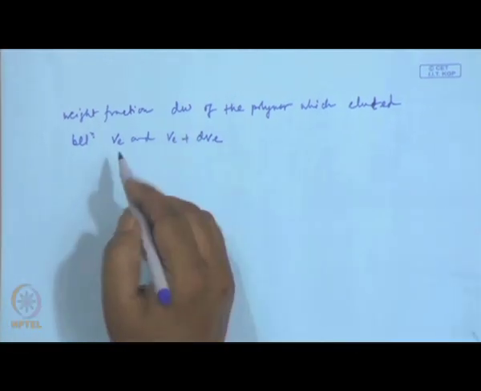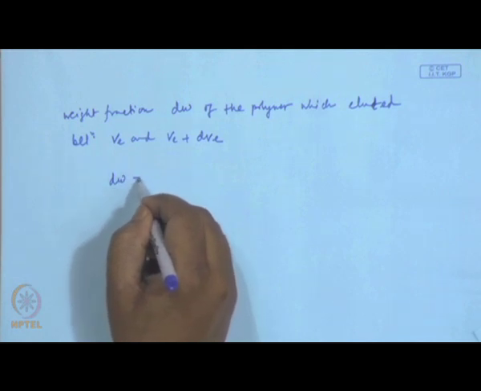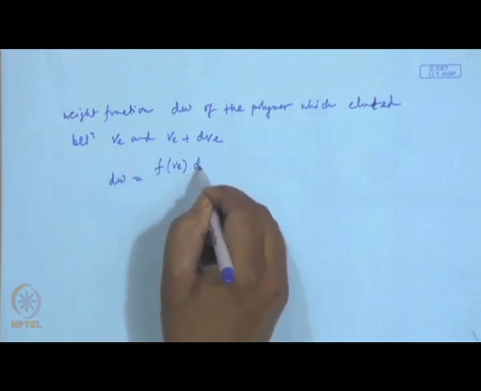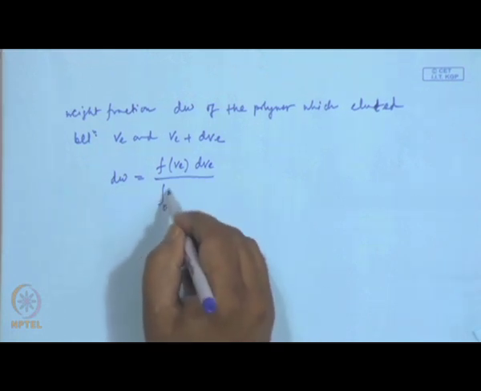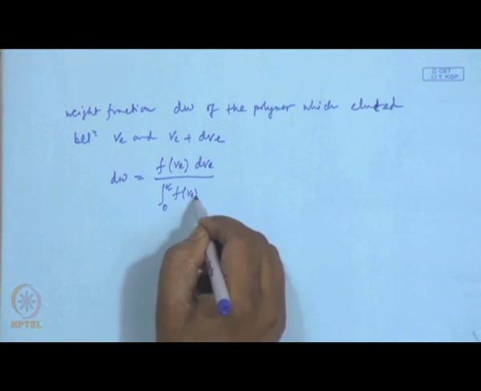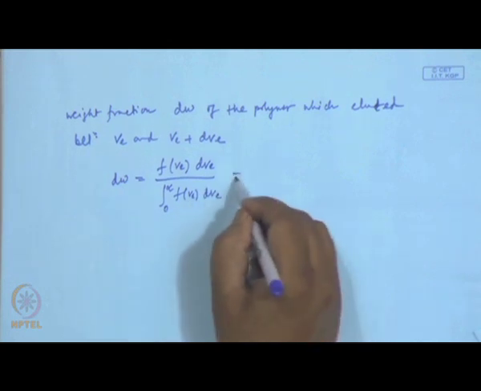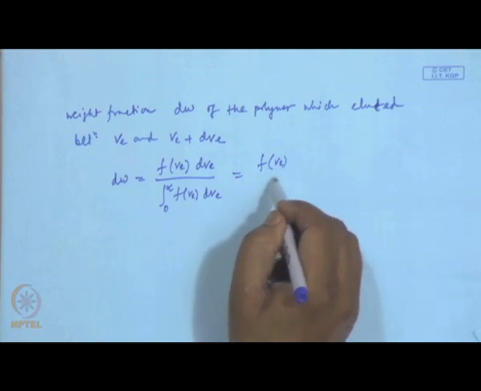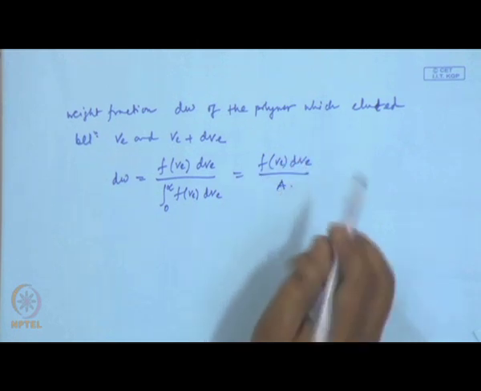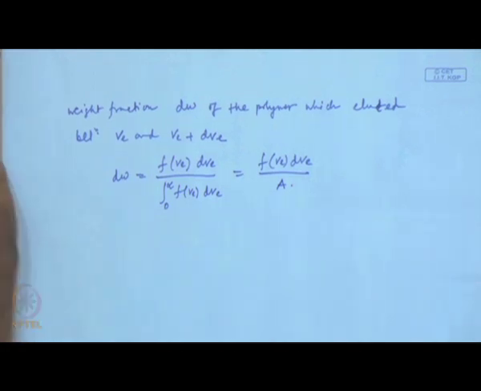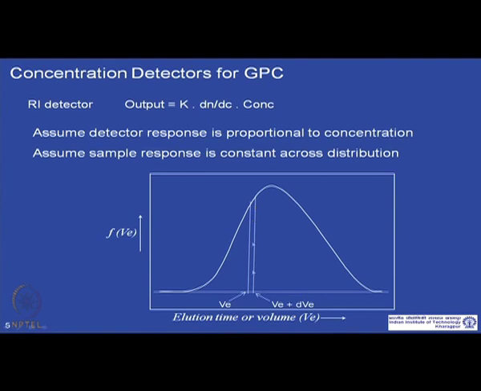we can write, which is nothing but, again let me repeat this, this dW is the weight fraction of the polymer chains which eluted between V and V plus dV.